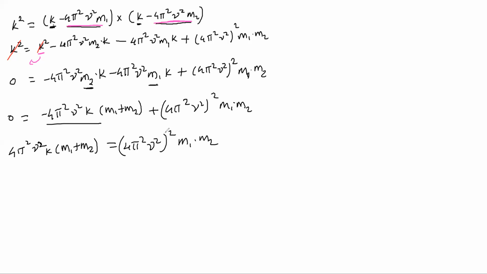Okay, if we rearrange this equation, that means we shift this term to the right hand side of the equation, then the equation will be k times m1 plus m2 is equal to 4 pi square mu square divided by 4 pi square mu square times m1 m2.